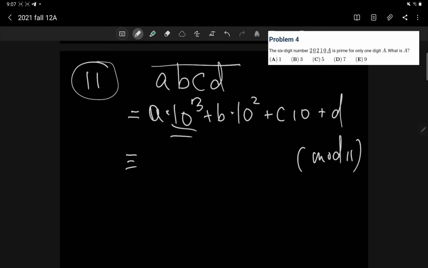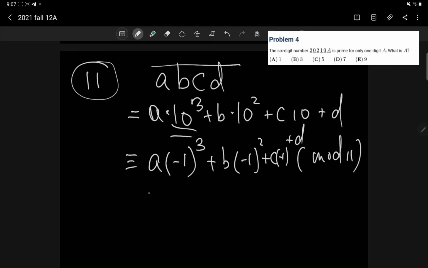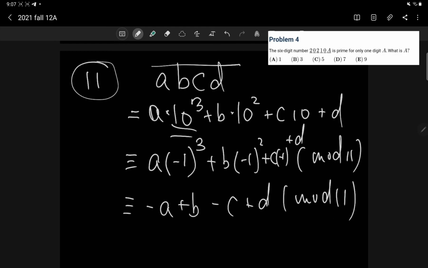Any power of negative 1 is just 1 or negative 1. So 10 to the third power modulo 11 is negative 1, and the number is equal to negative a plus b minus c plus d, modulo 11.